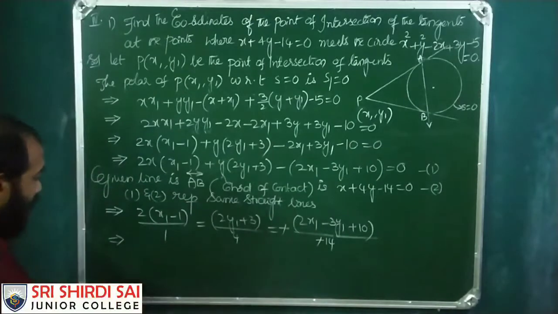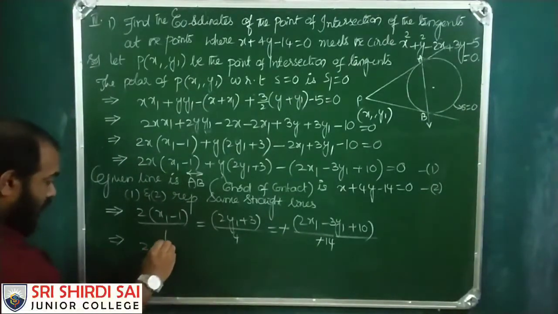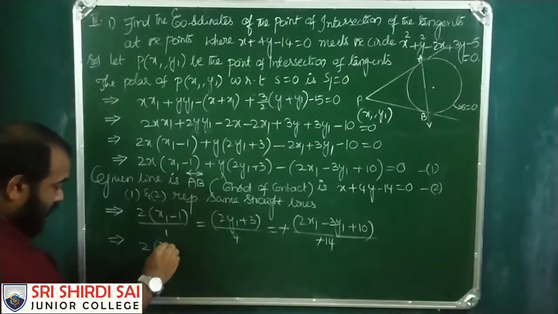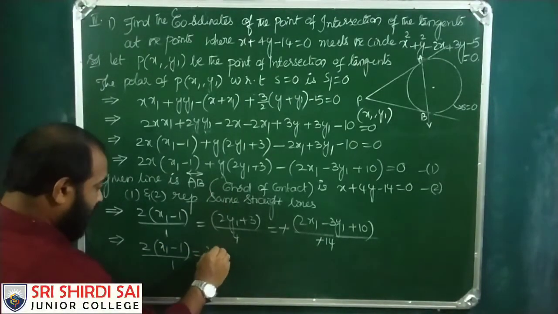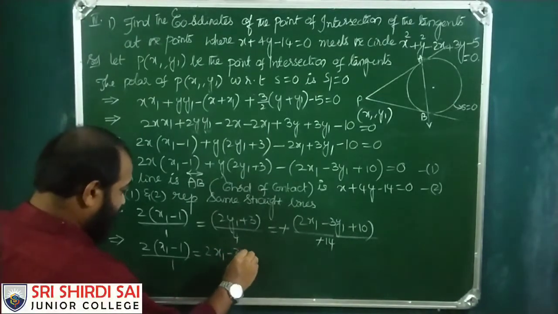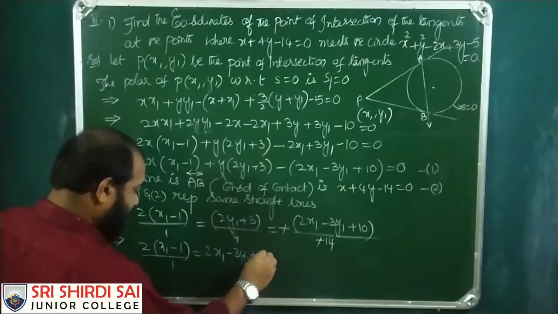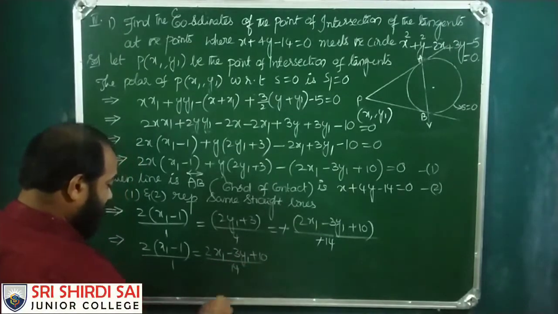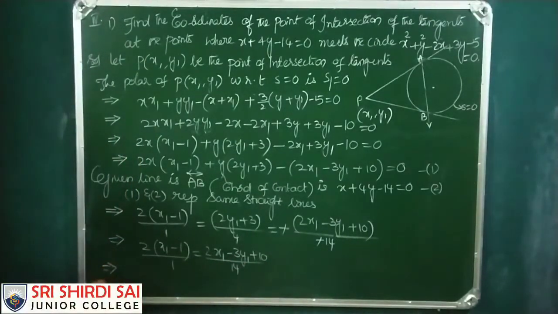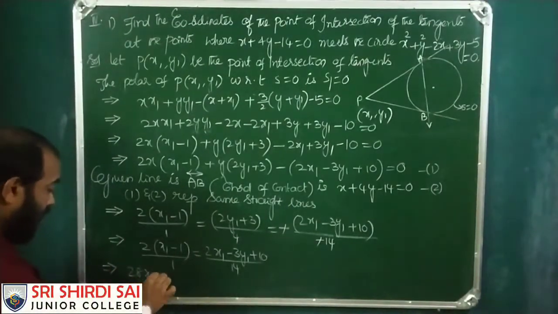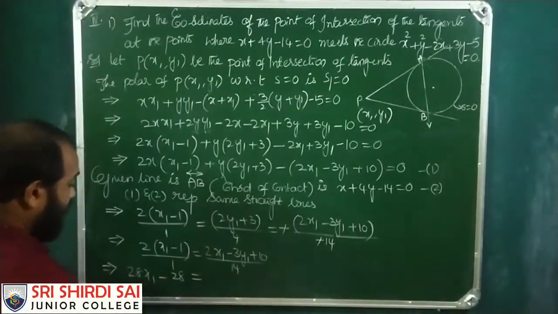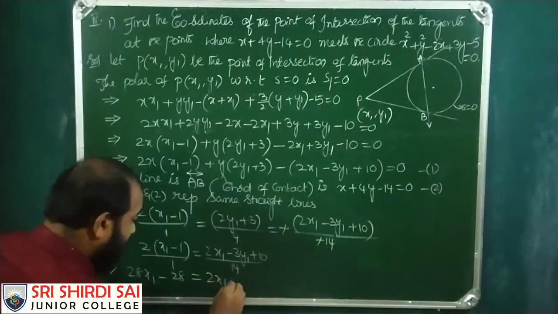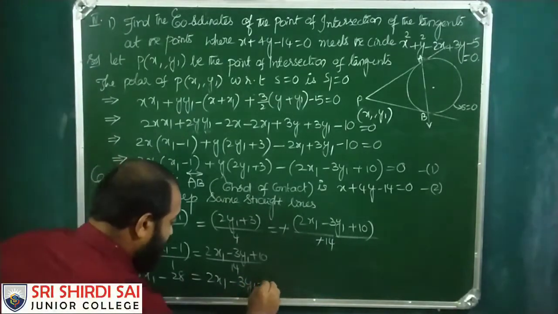So for this, 2 into x1 minus 1 by 1 is equals to (2x1 minus 3y1 plus 10) by 14. So you just cross multiply. 14 2s are 28 into x1, 28x1, minus 14 2s are 28 into minus 1, minus 28 is equals to 2x1 minus 3y1 plus 10.